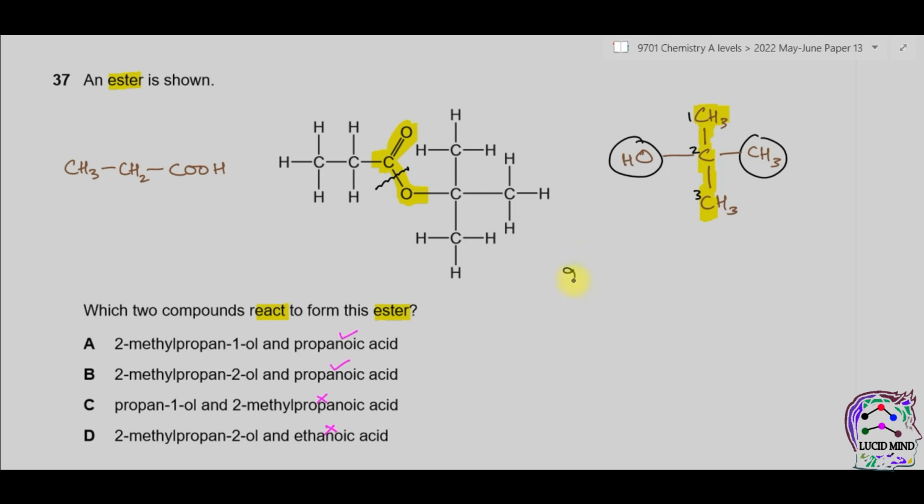So it is 2-methyl. In the long chain we have 3 carbon atoms, so it is propane. And on second carbon we have alcohol, so it is 2-ol. So 2-methylpropan-2-ol is this one, therefore the answer is B.